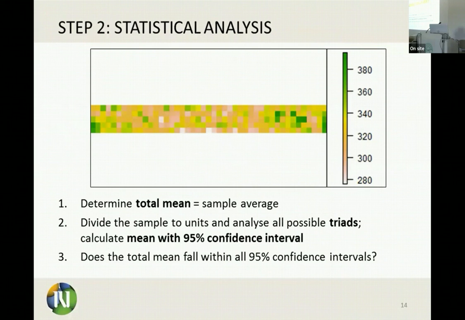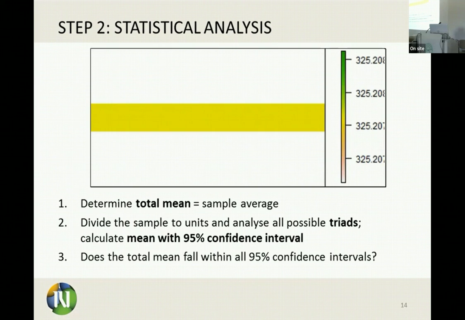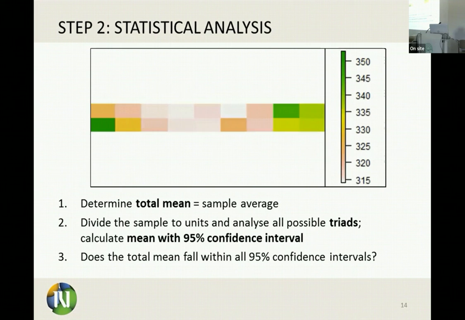Here I would just like to show a representation of the statistical analysis. If this is our large ablated area, first we calculated the average of the whole area. This was the sample average. Then we divided the sample into units, and the value of every unit is the average of the covering pixels. Then we took 3 random units.